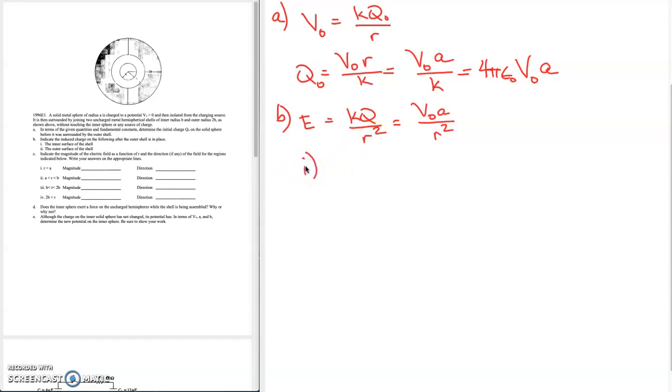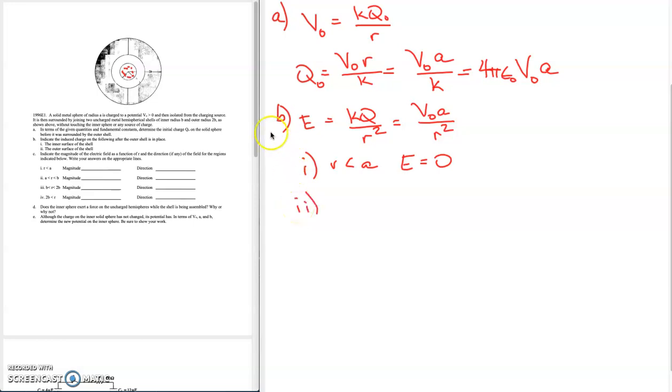Now for part 1, r is less than a. Inside our ball of charge, if we put our dotted line there of radius less than a, we find that the electric field is 0, because the electric field inside any conductor is 0, since all of the charge always goes to the outside of the conductor.